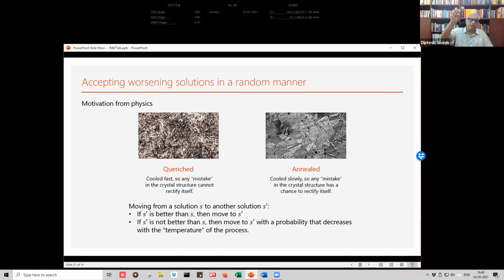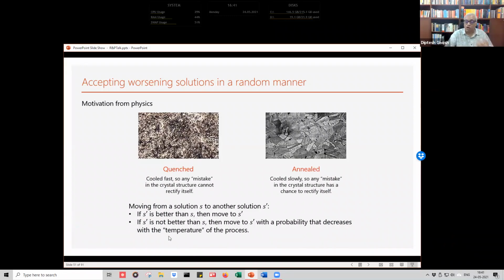Now, if that neighboring solution is better than my current solution, I move to the neighboring solution, because exactly when you have atoms, as soon as they form a lattice, they're more stable, right? So if you form another solution which is better than your current solution, move to that solution. However, if the new solution is not better than your current solution, then also you will move to that solution with a given probability, right?